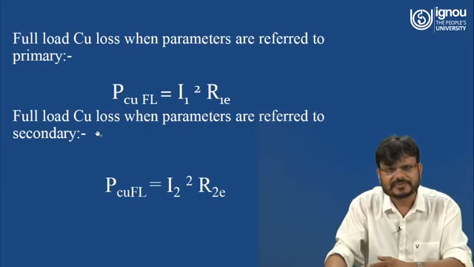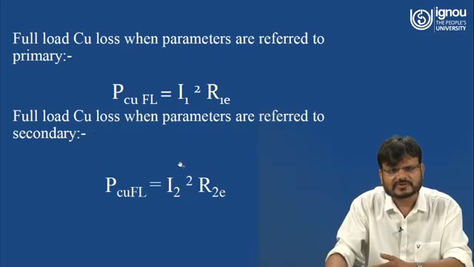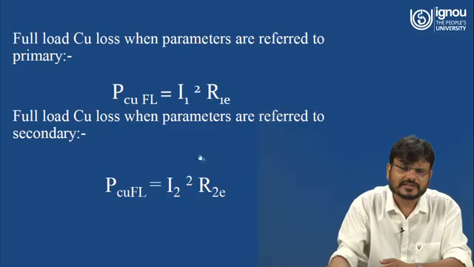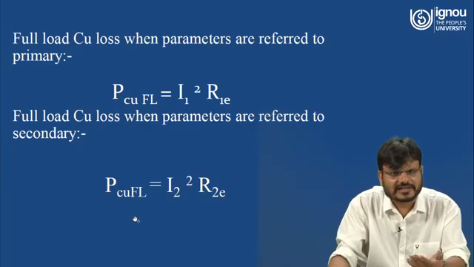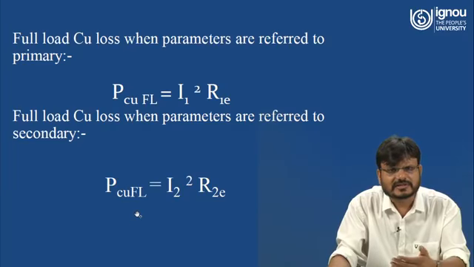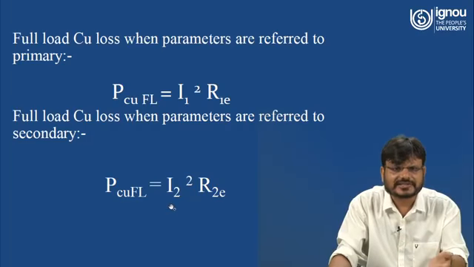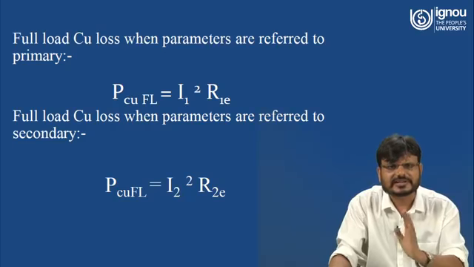Similarly, full load copper losses can also be calculated when resistances are referred to the secondary side. At that moment the copper losses can be written as I2 square into R2E, where R2E is the equivalent resistance of the winding referred to the secondary side.